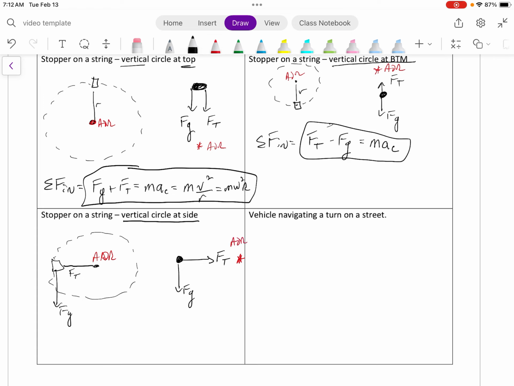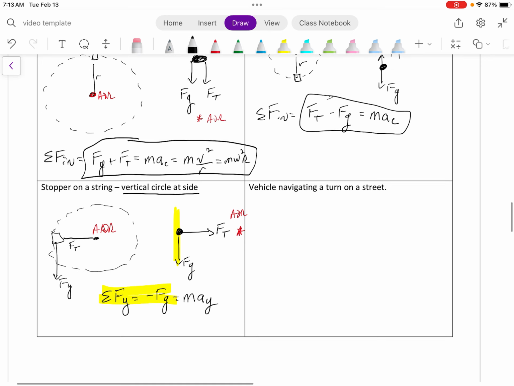I can now sum the forces on this multiple ways. Sum the forces in the y direction equals, I'm going to call down negative. We have negative force of gravity equals mass times acceleration in the y direction.